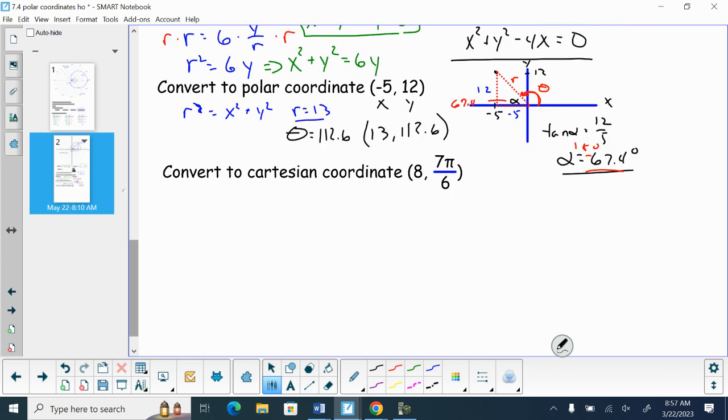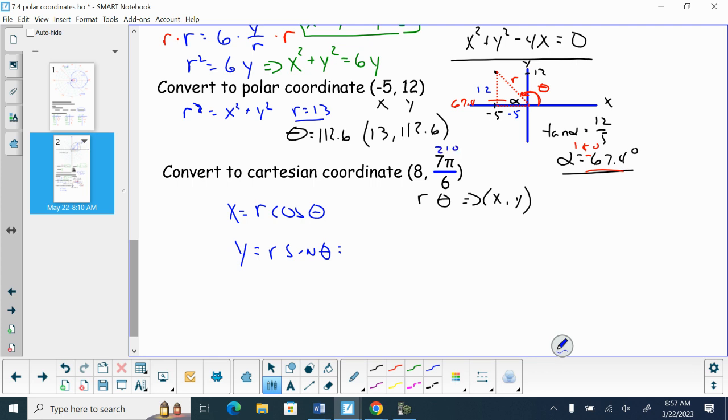Convert to Cartesian. Okay, I'm in polar and I need to go to Cartesian. So I have r and theta. I need to change this to x and y. Well, x is equal to r cosine of theta. y is equal to r sine of theta.